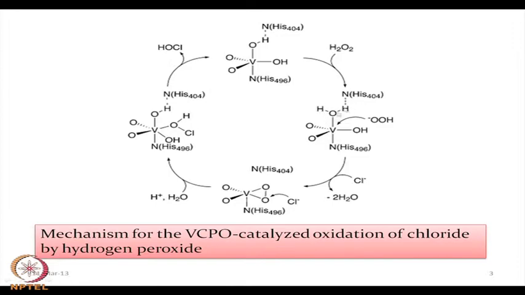So, this water molecule will go immediately from there, and this OH function will also go through another step of protonation. This hydrogen will go and attack this particular OH, and it can go as another water molecule.